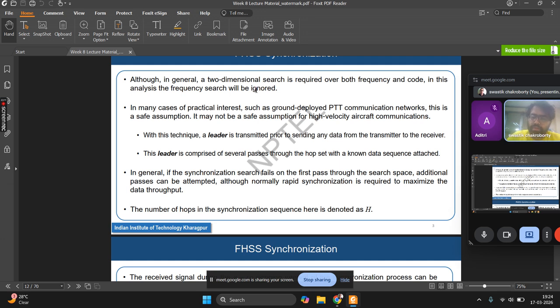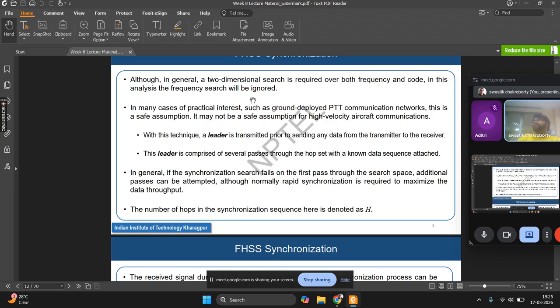In many cases of practical interest, such as ground deployed PTT communication networks, this is a safe assumption. It may not be a safe assumption for high velocity aircraft communication. So here the frequency search will be ignored, because what is understood is that you may choose some random frequency in the range that is set. So if your transmitter is transmitting between 5 and 10 megahertz, you might choose anything between 5 and 10 megahertz.